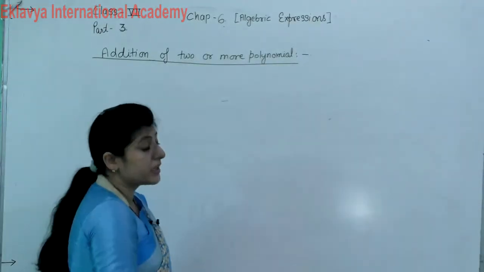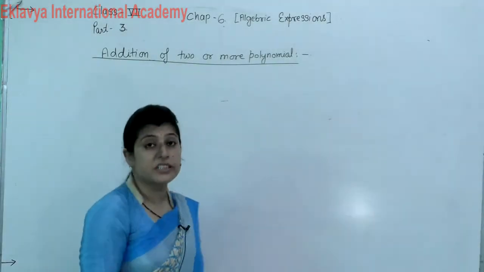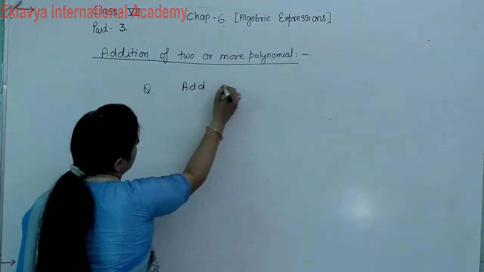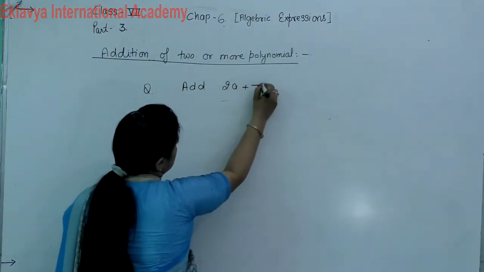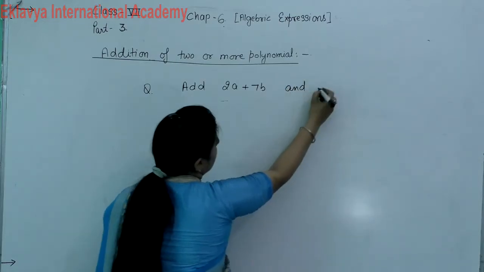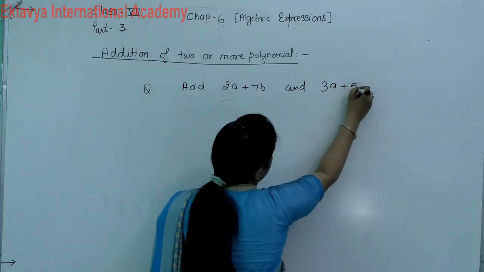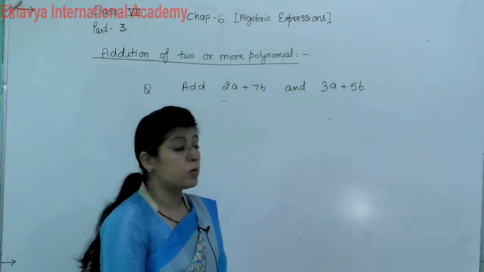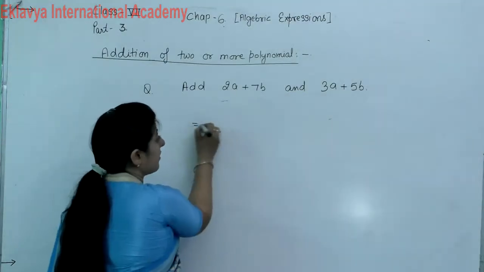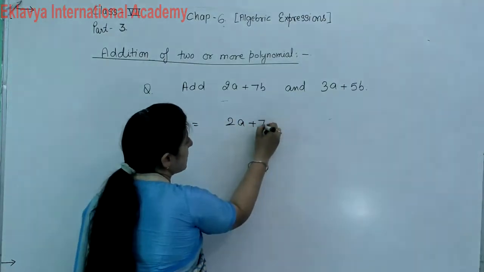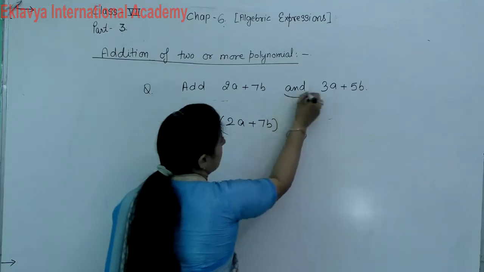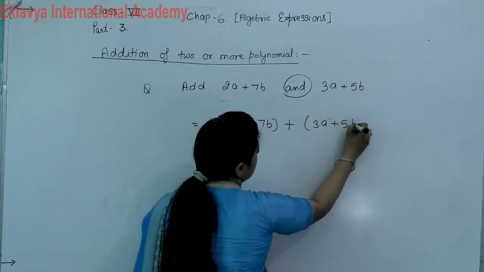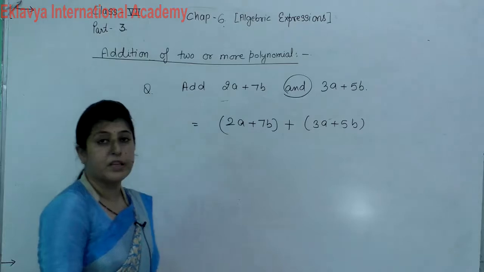Now binomials or trinomials are given to you. Suppose your question is add 2a plus 7b and 3a plus 5b. Then how to add it? Firstly write down 2a plus 7b. Here is a plus sign because we want to add 3a plus 5b.